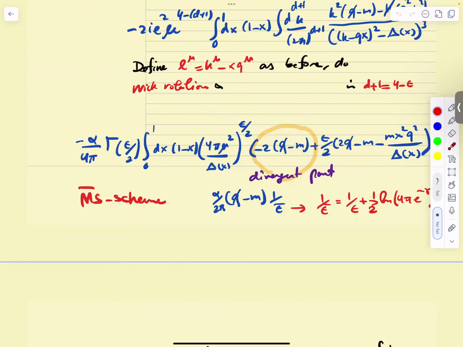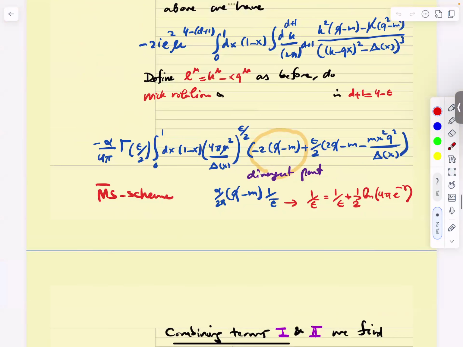What is the simplification? You can see that this expression, that's order epsilon here, has minus m x squared q squared over delta.